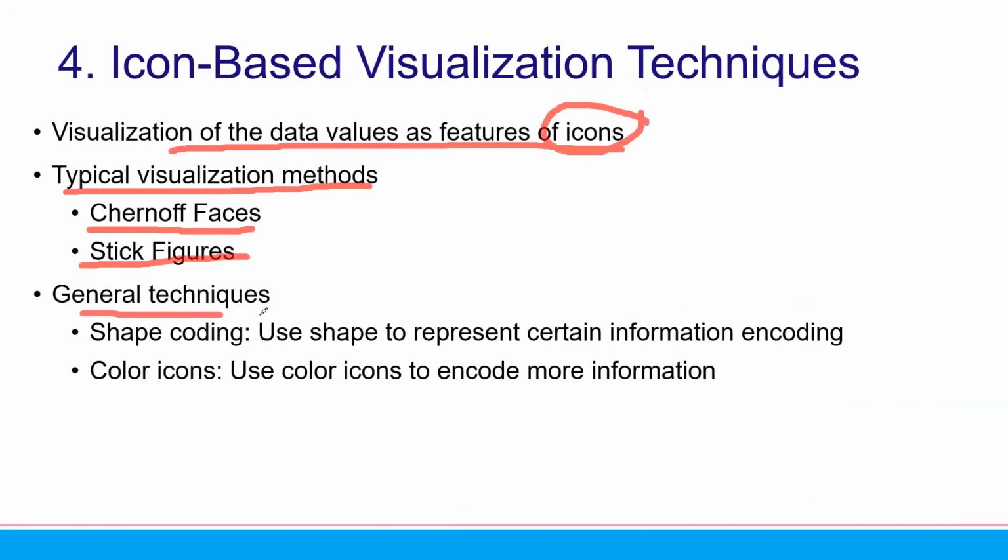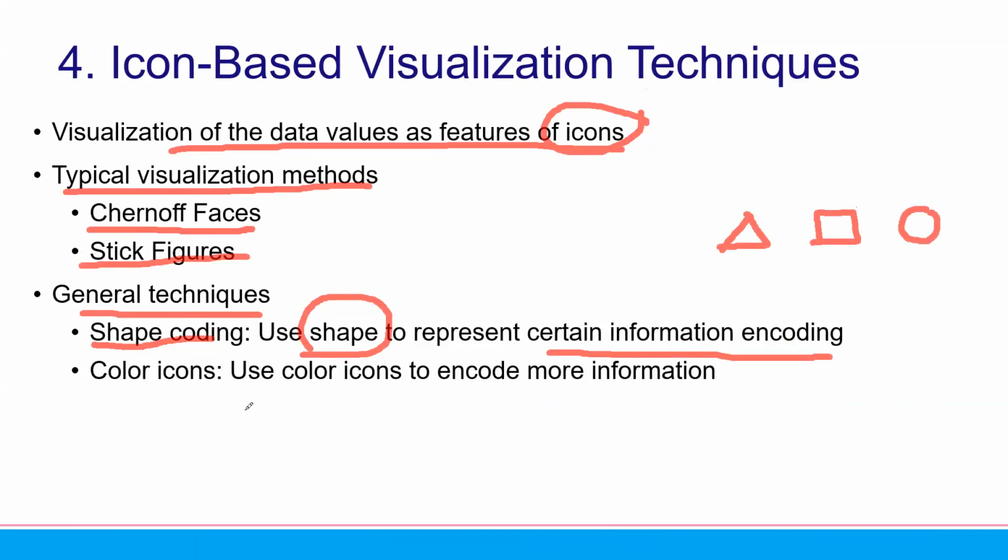The general techniques, we can use shape coding. Shape coding means we will use shape to represent certain information encoding. Maybe we can use the triangle. Maybe we can use rectangle. Or maybe we need to use circle to encode the value.